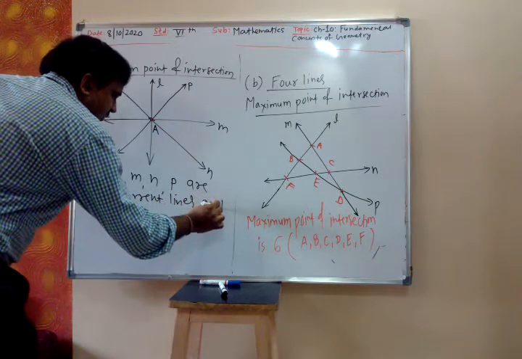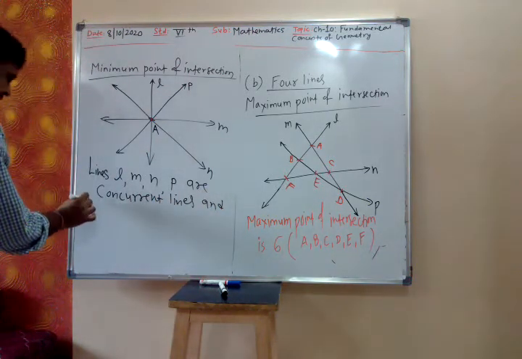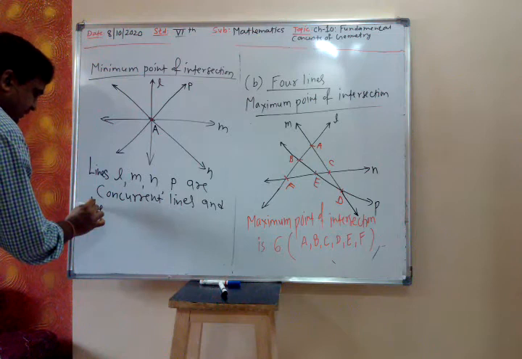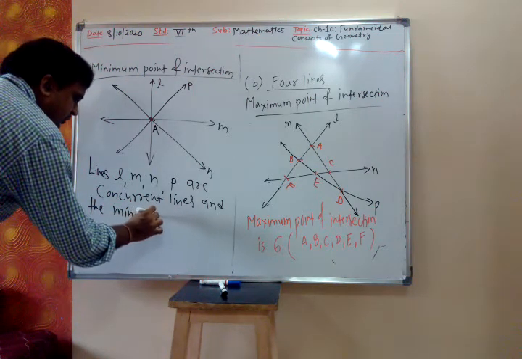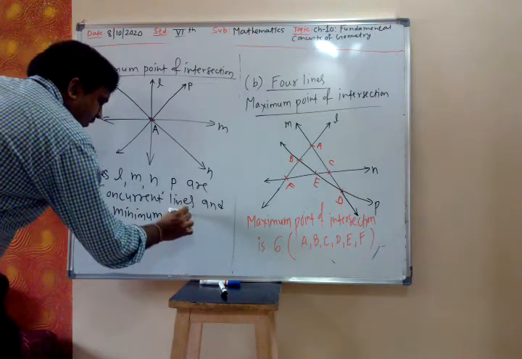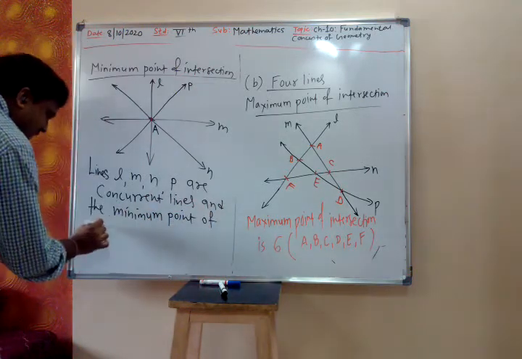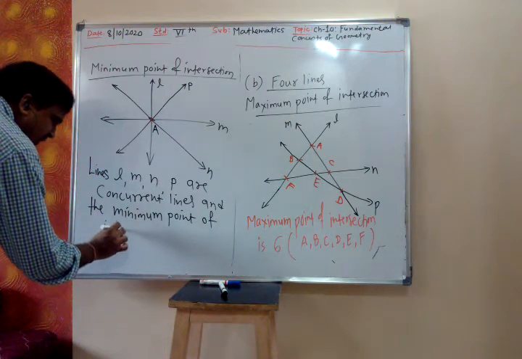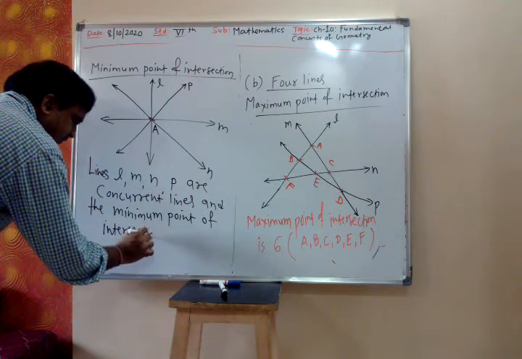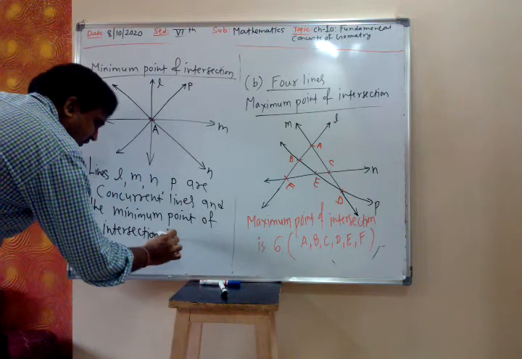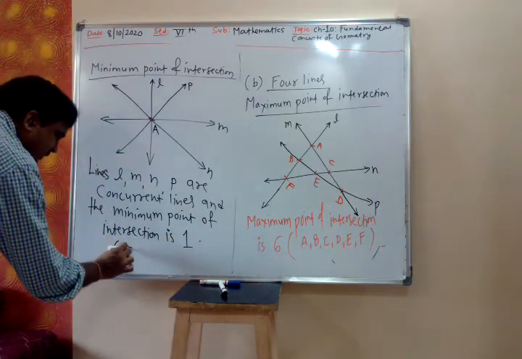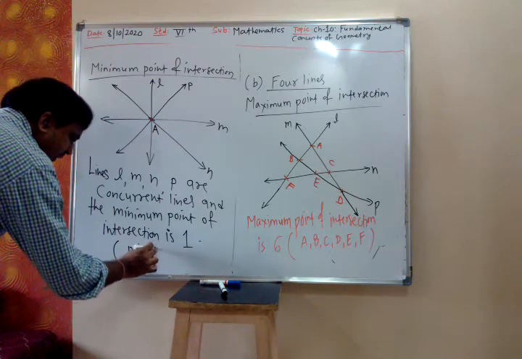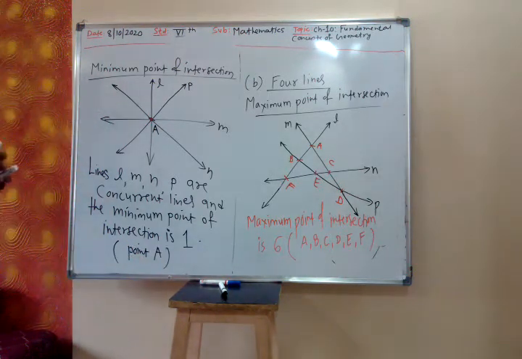And the minimum point of intersection is 1. That is, you write point A. Point A is the point of intersection of these 4 lines.